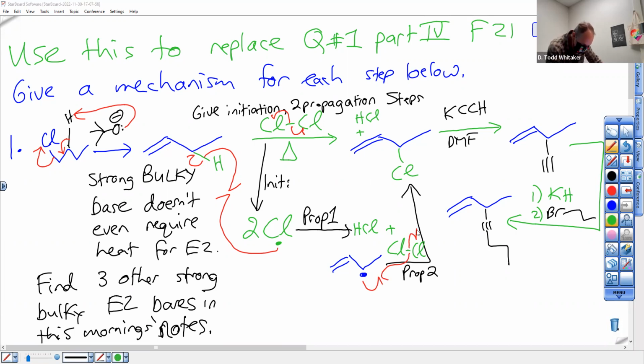That bond pops in half. Half of it makes a bond to the carbon radical. Half of it becomes Cl dot. You can show it like this if you want. I don't really need to see side things, but there it is. That's going to do prop 1. And cycle begins. And you've done allylic halogenation. Nice job.